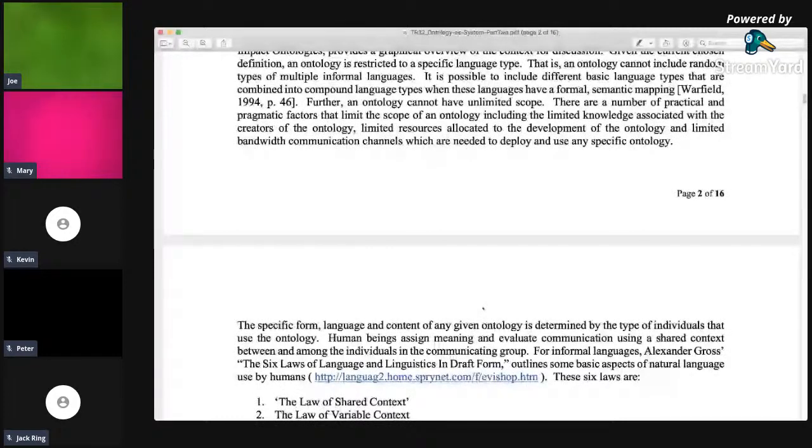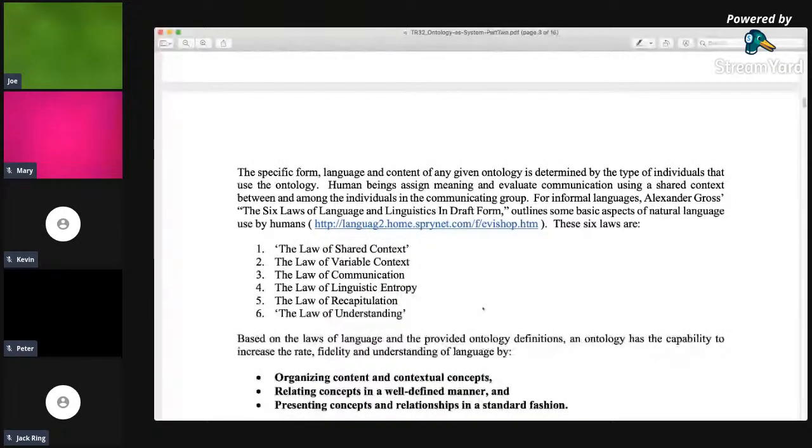So one of the things that we looked at for this part, especially for human language and for informal language, were the 6 laws of language and linguistics in draft form from Gross, from Alexander Gross. And this is a very interesting discussion about linguistics and language due to the fact that Alexander Gross put this information together in a fairly compact way, as opposed to linguistics.